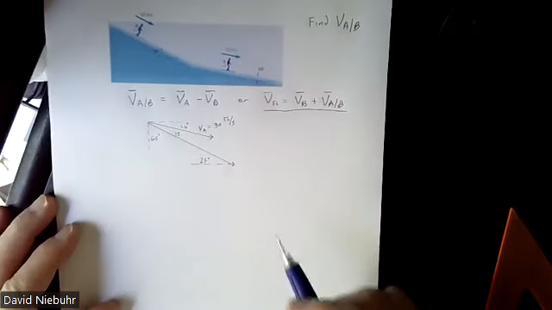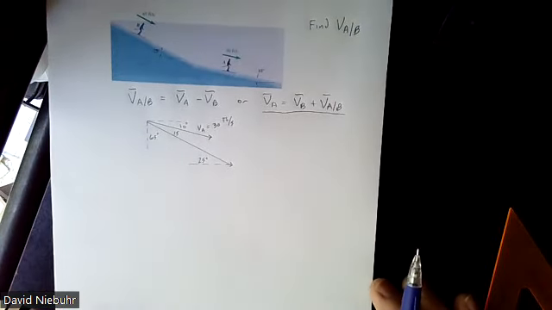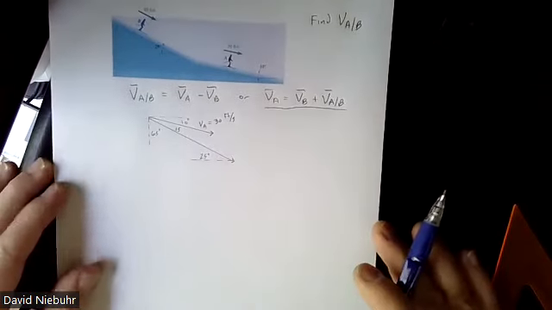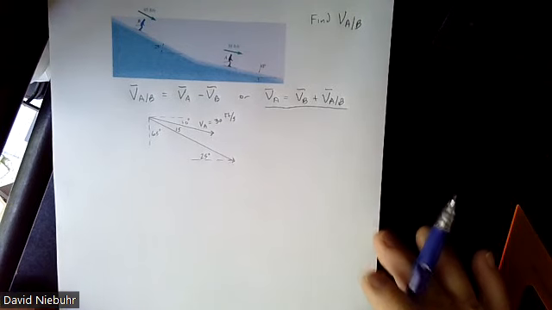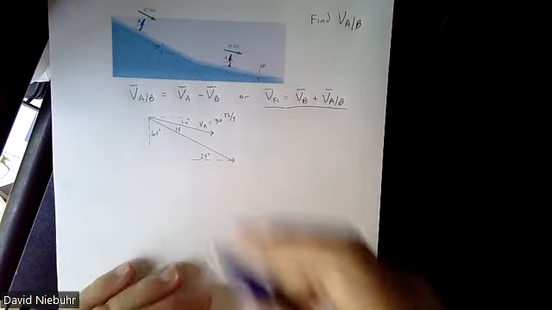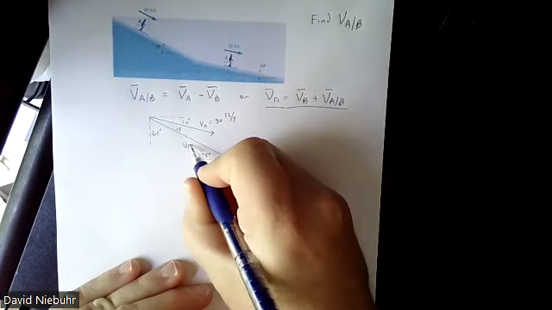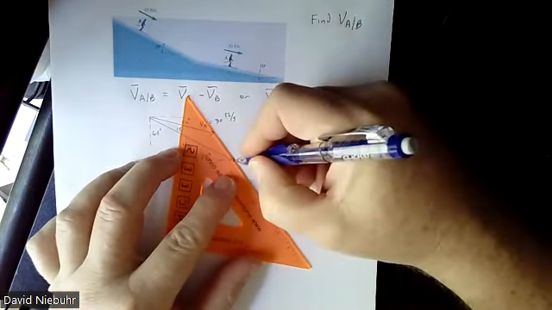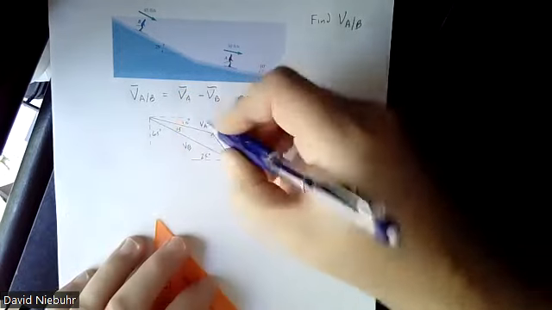All right, sorry, it's not super clear. I'm having trouble getting it to focus well in this light. So now we know that. And if this is velocity of B, then we just do tip to tail, and we can draw this back here.